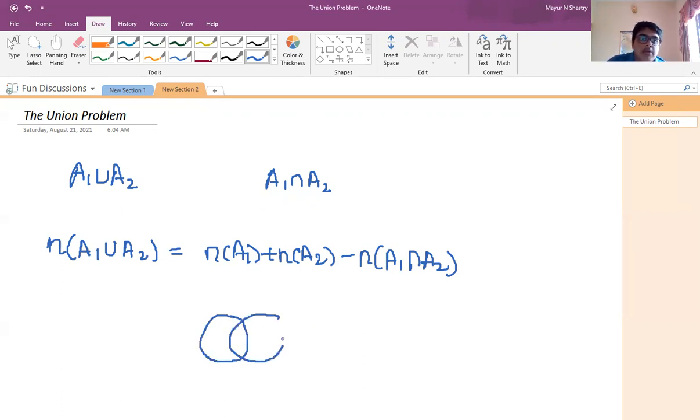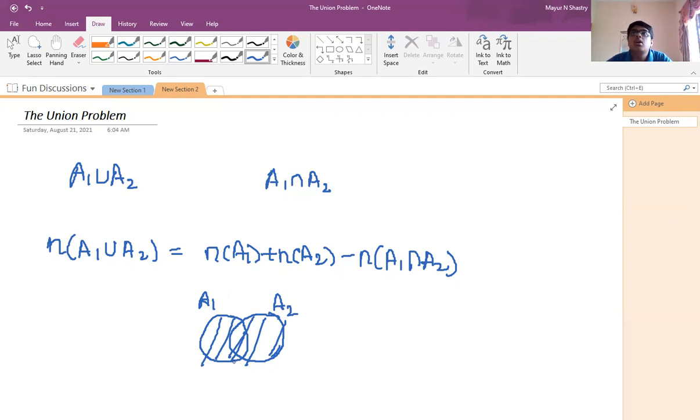So we consider this to be our set A1, and let us say this is our set A2. Then n of A1 means this whole thing, n of A2 means this whole thing. But in calculating the total number of elements in A1 and A2, what we did was we calculated the sum of elements of A1 and A2.